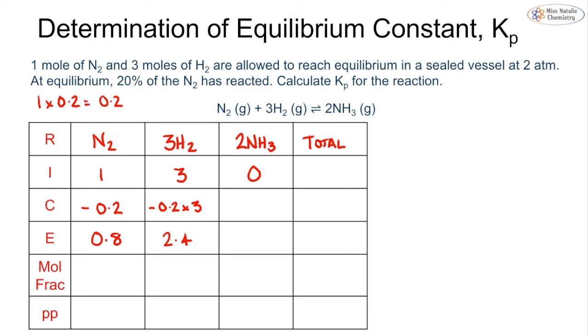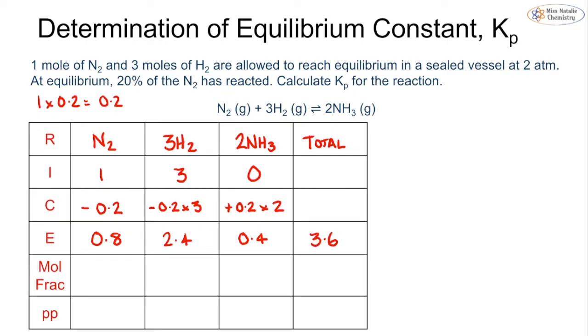The ammonia must be going up by 0.2, and I multiply it by the coefficient of 2. So that gives me 0.4 moles at equilibrium. Again, I have to calculate my total number of moles, my total number being 3.6.